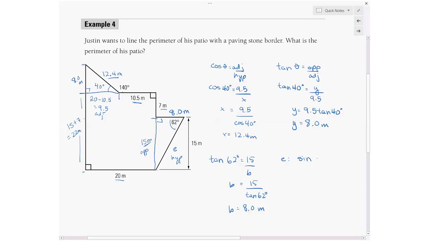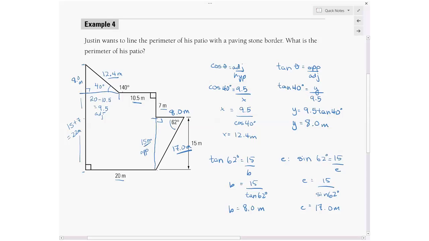Sine of 62 degrees is equal to the opposite, which is 15, divided by the hypotenuse, E. E is on the bottom, so I divide 15 by the sine of 62 degrees, and I get 16.98, so about 17.0. Again, I'm just going to erase this and make this 17.0 meters.